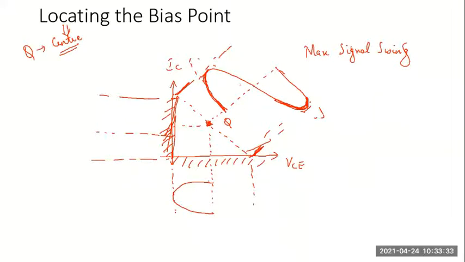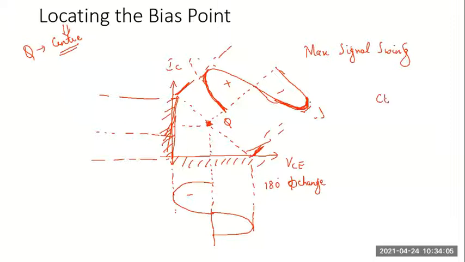Corresponding to this, I'm going to get the negative half cycle of the output, and corresponding to the negative half cycle of the input signal, I'm going to get positive half cycle of the output. That's why we say there is a 180-degree phase change or 180-degree phase deviation in a common emitter amplifier.